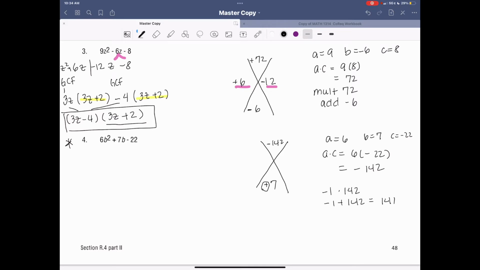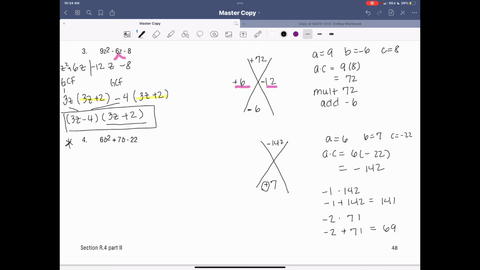And then the other factors of 142, there's not many factors. The last ones are going to be 2, negative 2, and 71. So when I say negative 2 plus 71, I get 69.